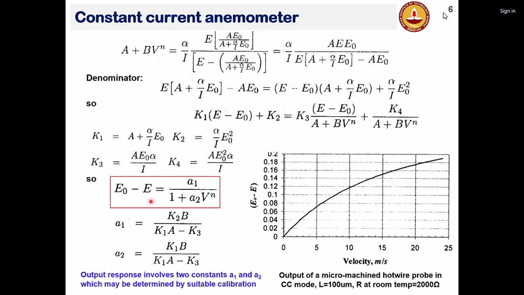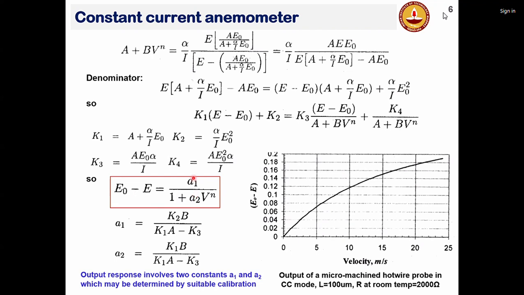Once you do that, eventually you can express the difference between the initial voltage and the voltage at a particular V, at a non-zero velocity of the medium, in this form, which is A1 divided by 1 plus A2 into V to the power n. So here, this is the variable which depends on V. E naught is the voltage output in the circuit when V is 0.